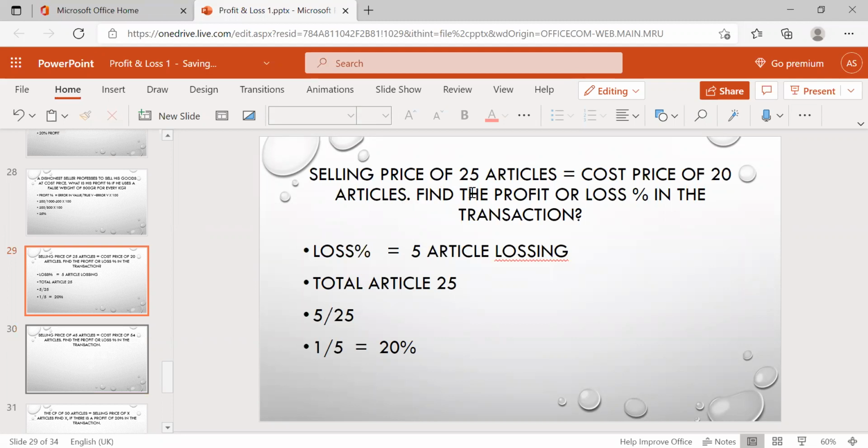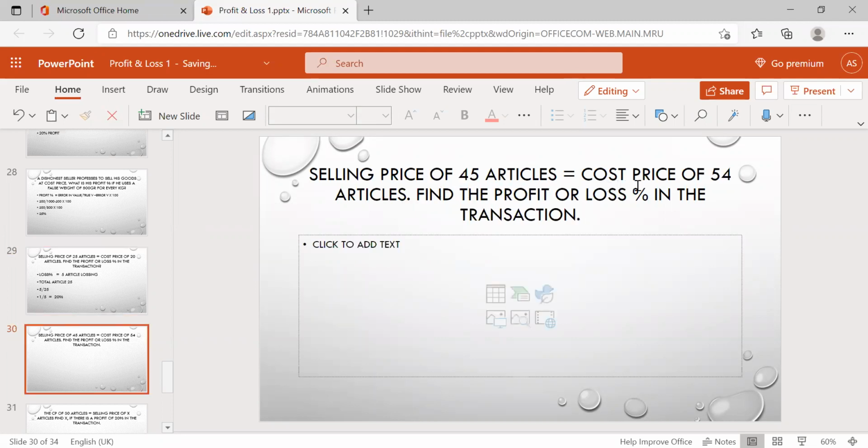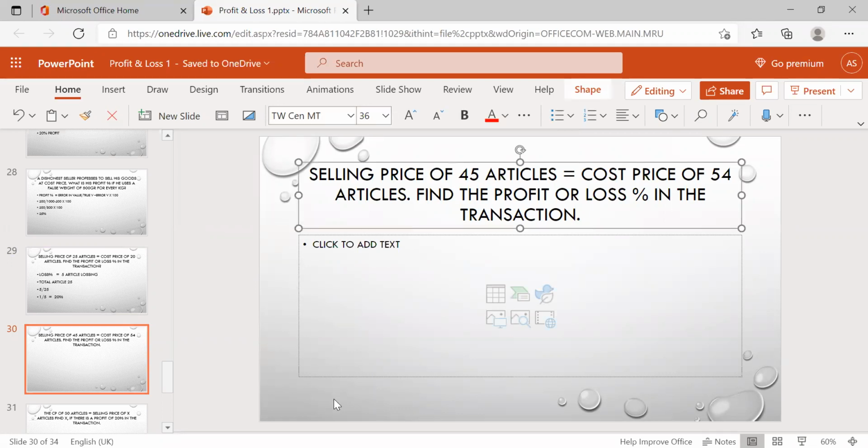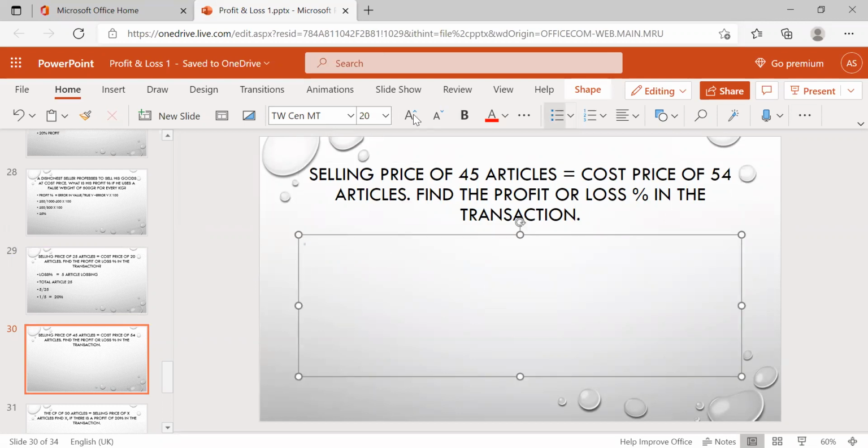And the selling price of 45 articles equals the cost price of 54 articles. Find the profit or loss in the transaction. Now, is it profit or loss? Then just try to solve the problem in the same way.